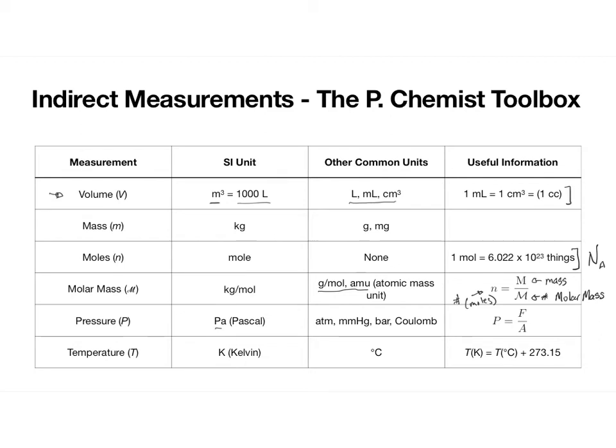Pressure is measured in a Pascal as the SI unit, which is a weird unit. But there are many other units that we like to use, like atmospheres, millimeters of mercury, bar, torr. I recommend you look up the conversions. I do not expect you to memorize these. Look them up.